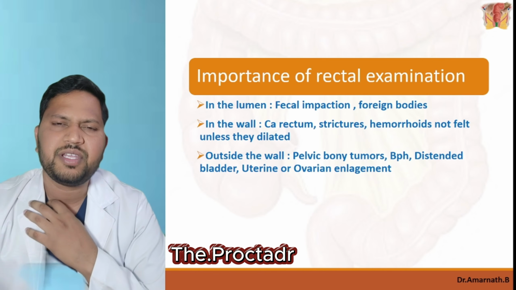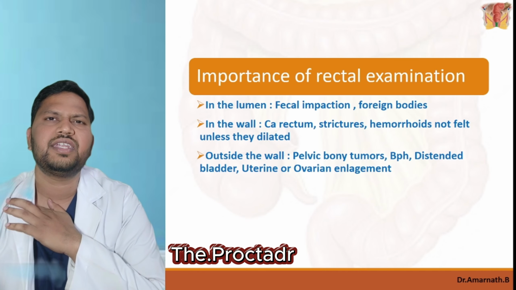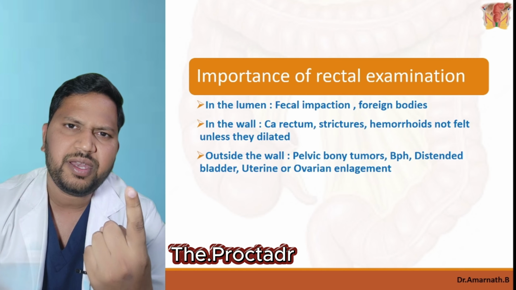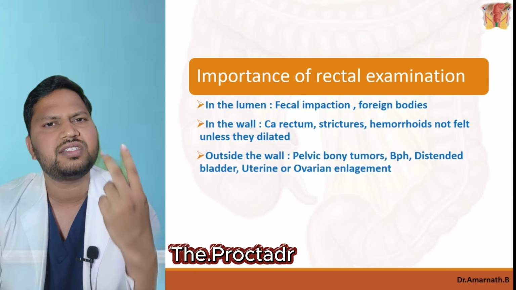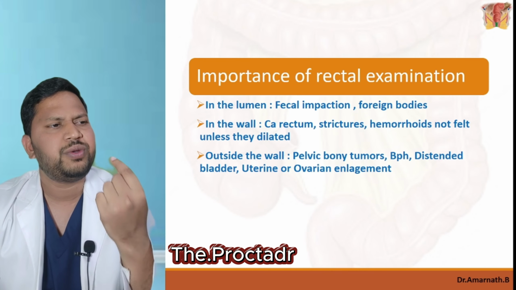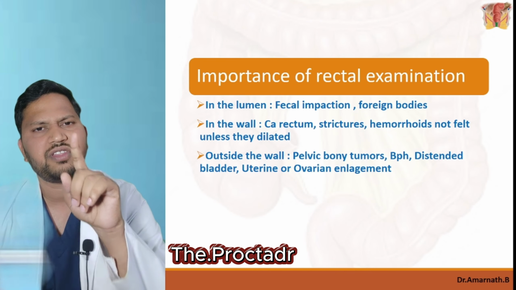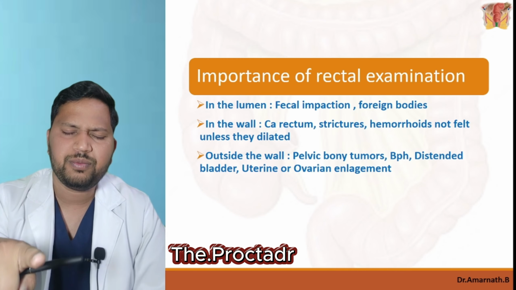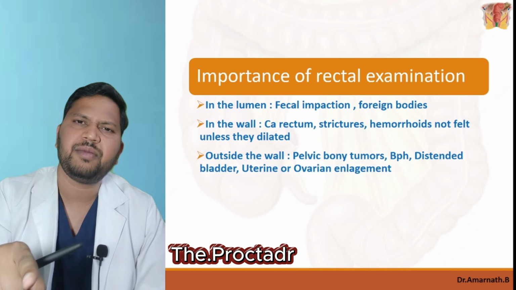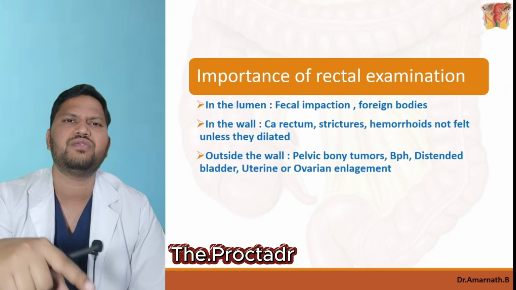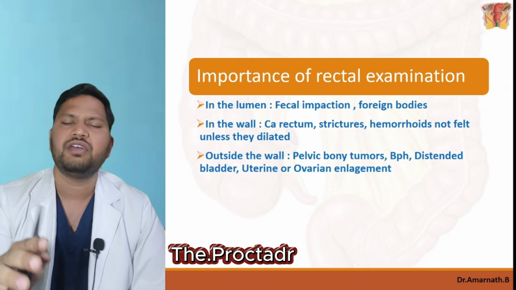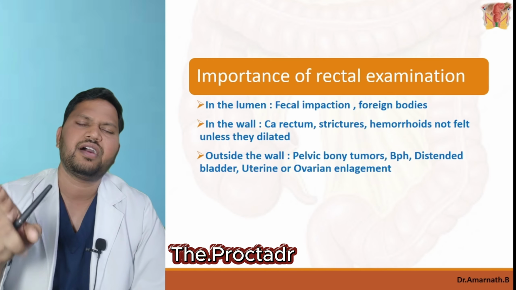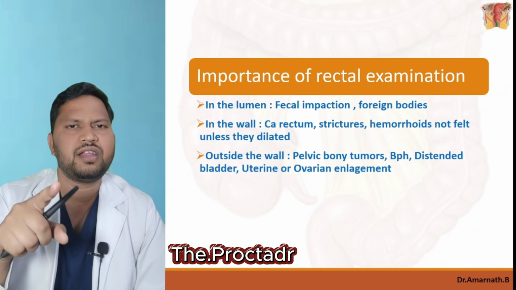When we do the examination, we have to remember three things. We have to check mainly three things: one is in the lumen, the second is in the wall, and the third is outside the wall. In the lumen, we will mostly find fecal impaction or any foreign bodies. Whereas in the wall, we find any carcinomatous condition of the rectum, strictures of the rectum, or hemorrhoids.